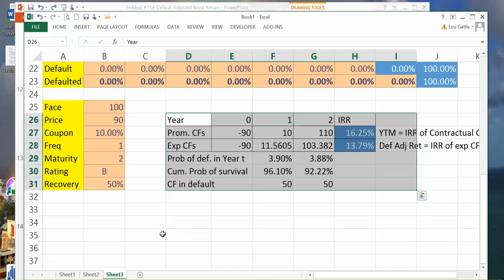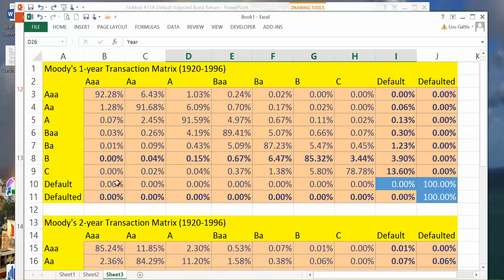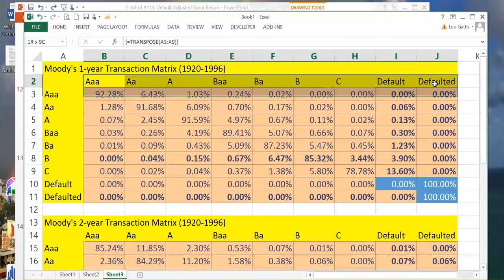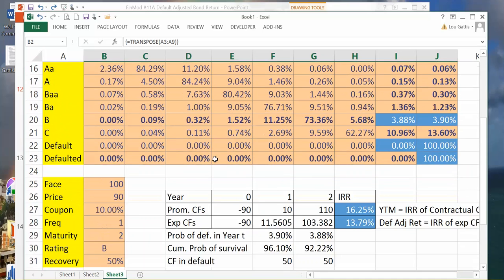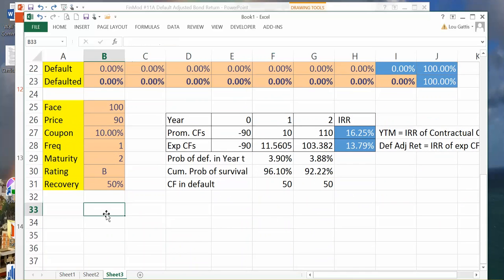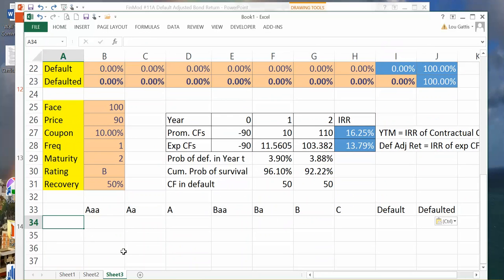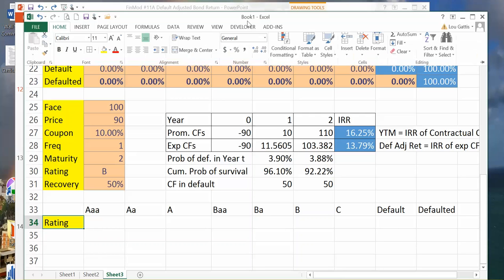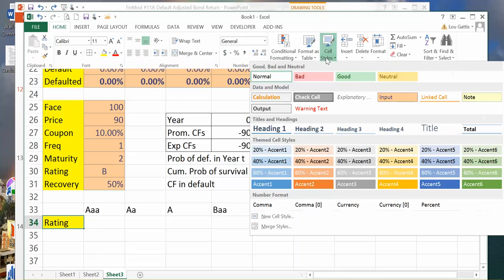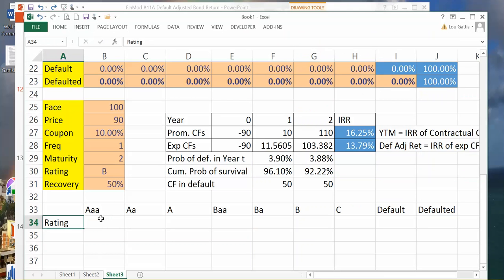Let's grab these ratings, AAA through default, and I'll paste them here as values, Alt HVV. And let me just create a vector called rating. And that vector is going to be this size.